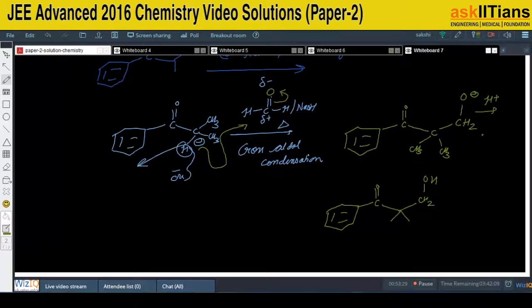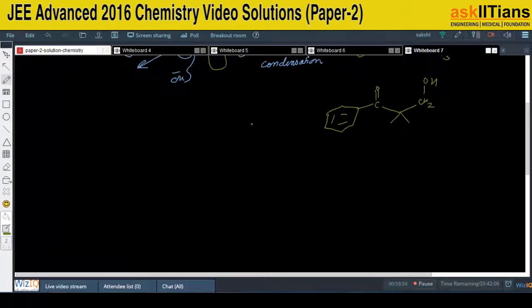Now you can very nicely see that I am adding HCHO in the presence of NaOH, and in this particular reaction I have got no alpha hydrogen. So if there is no alpha hydrogen, you can say that this is an example of Cannizzaro's reaction.